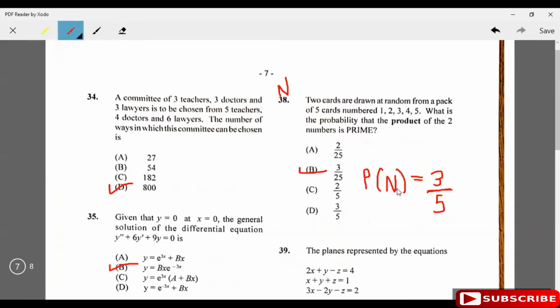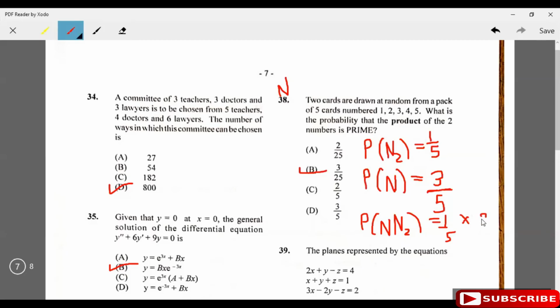And then the probability of choosing some other number, let's call the other number n2. The other number n2 that we have to choose is 1, but there are 5 numbers there. Agreed? So the probability of the product of the 2 numbers being prime is the probability of n times n2, which is 1 over 5 times 3 over 5.